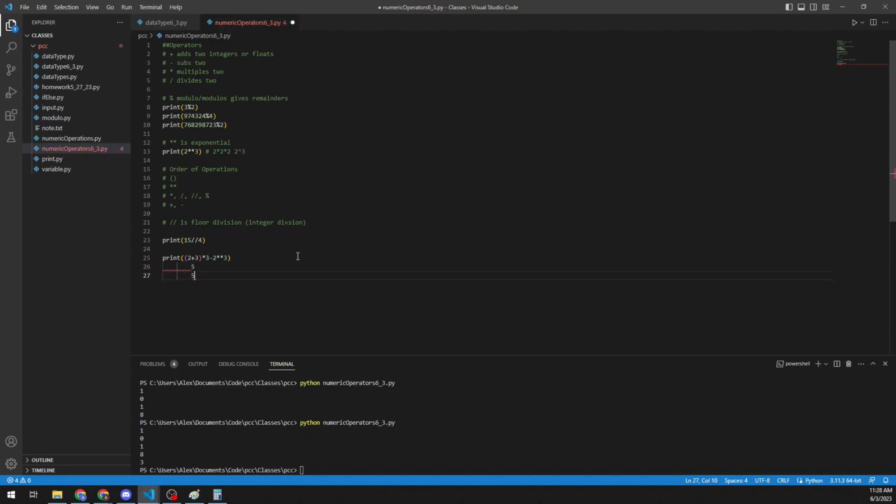Then 5 times 3? Well, no, it wouldn't. The next pass it would do 2 to the third power, which is 8. And then it's going to take 5 times 3, 15. And then it's going to take 15 minus 8. So the answer should be 7.